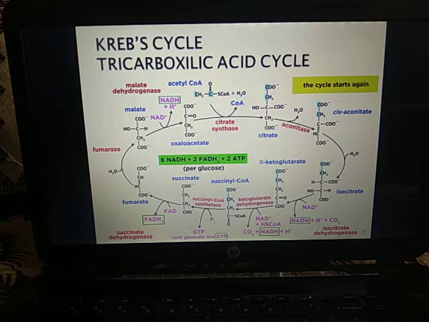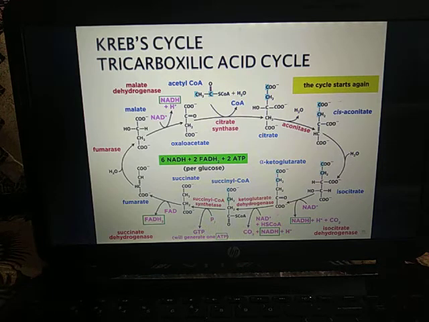Now next we have is the formation of isocitrate. So the citrate undergoes reorganization in presence of iron containing enzyme aconitase, first forming cis aconitate and releasing water.